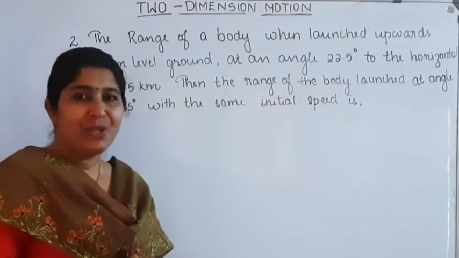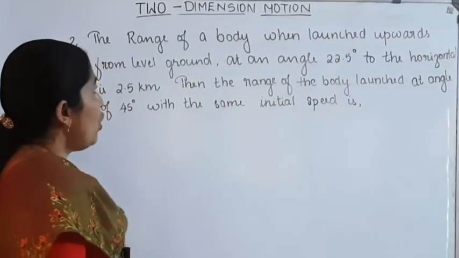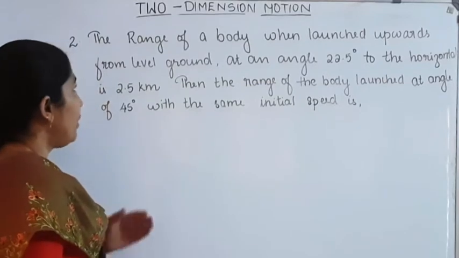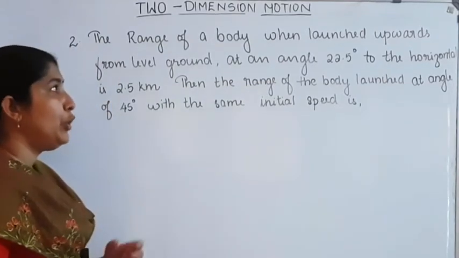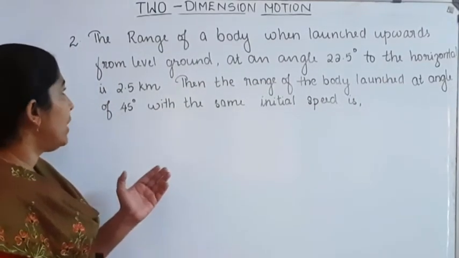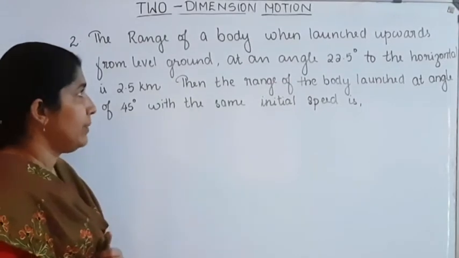Our second question. The range of a body when launched upward from level ground at an angle 22.5 degree to the horizontal is 2.5 kilometer.